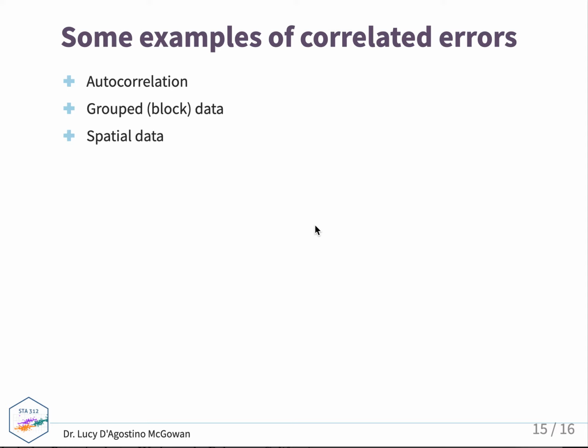So the final way, and these are not exhaustive, that you can end up with correlated errors is via spatial data. That's if you are looking at data over space, for example across the United States, where you would expect there to be correlation across space.